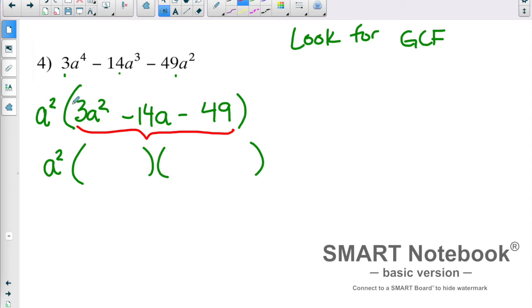I'm looking at 3a squared. What things multiplied to give you a 3a squared? It would be 3a times a. Then we jump to the 49. Not sure what gives us a 49 other than 7 times 7, really. So we're going to try a 7 and 7.